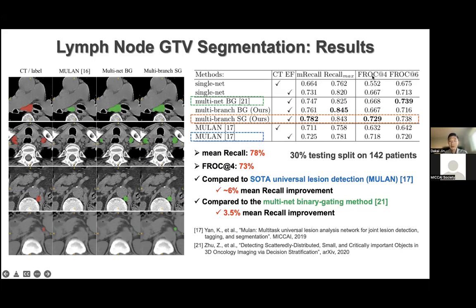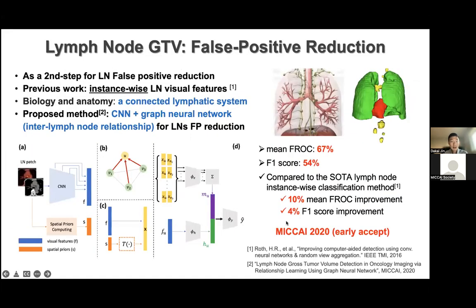When the FROC is at 4, the recall is 73%, and this represents about a 6% improvement for the mean recall compared with the previous work called Mulan, a general lesion detection method. And when you compare with some binary gating methods, there is also some percent of improvement.